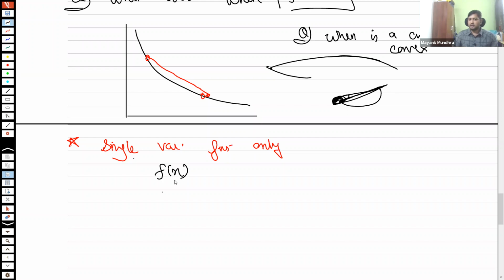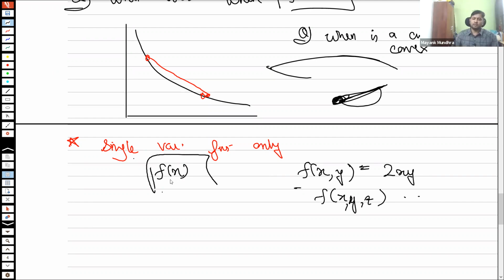When there's only one input, it's a single variable function. When there are two inputs, like 2xy, it's a two variable function. In general, more than one variable is multivariable. We could have three variables, x, y, z, and so on. I am only looking at single variable. Later we'll look at the results for multivariable, which is in the syllabus, but it's going to be way more complicated than this.